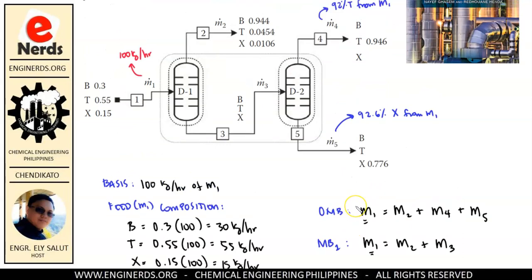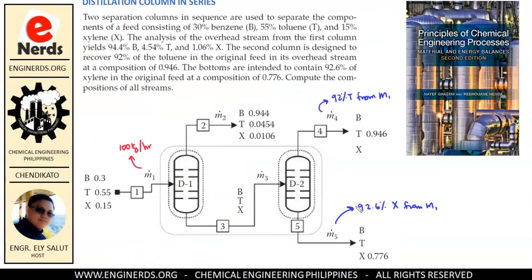So, now let us try to have a balance kung saan makakakuha tayo ng value ng ating stream. As you can see, lahat ng streams natin dito na lumalabas contains benzene, toluene, and xylene. So if you're going to have an overall material balance, this is going to be quite complicated. However, binigyan tayo ng very significant detail here na pwede nating magamit.